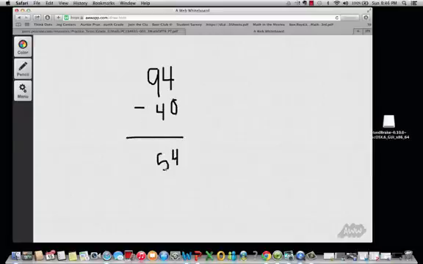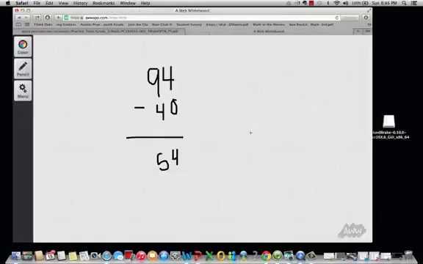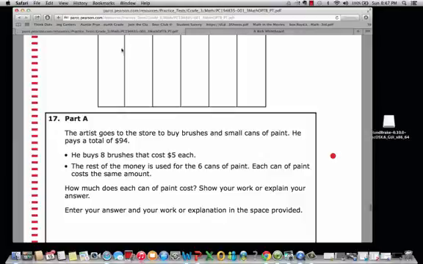We have $54 left, and he's buying 6 cans of paint. 54 divided by 6. Another quick, easy division math fact. So 6 times 9 is 54. Each can of paint would cost $9. Remember that the dollar sign goes in front of the 9, and someone wrote 9 dollar sign, and that was entertaining to me, but on the real thing, please write dollars.